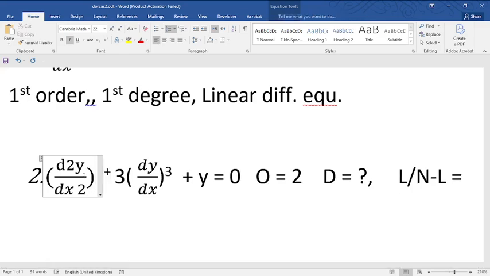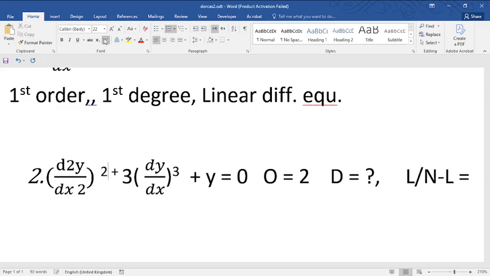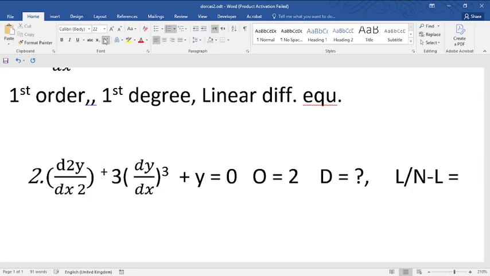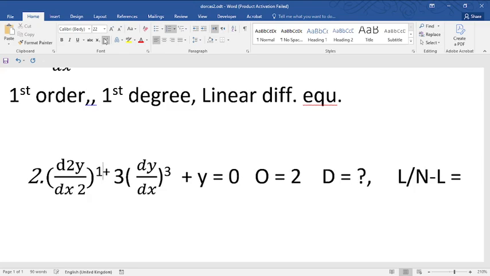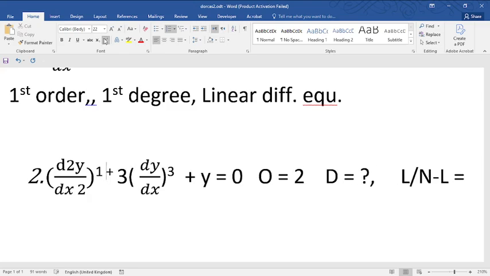You can now say that it is all to the power of 1, because anything to the power of 1 is itself. The square y all over the x square to the power of 1 is still itself. So our degree is going to be equals to 1.